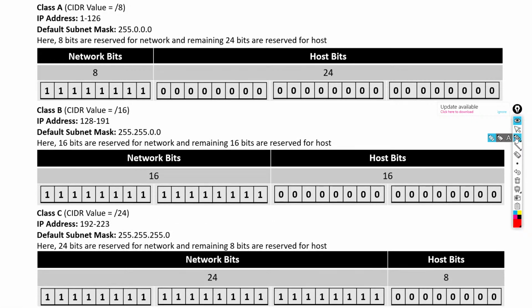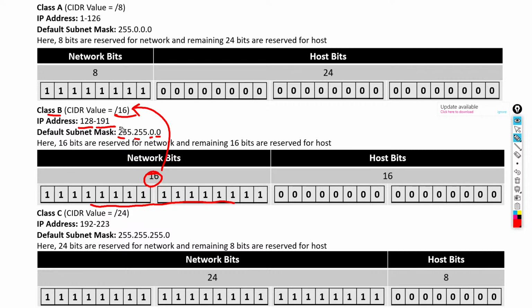So as you can see, this is a class B IP address. As I have told you, its CIDR value is /16. Why? Because in class B, 16 bits are reserved for the network. Clear? So the CIDR value is 16. Next, its default subnet mask is 255.255.0.0 and the class B IP address starts from 128 to 191.